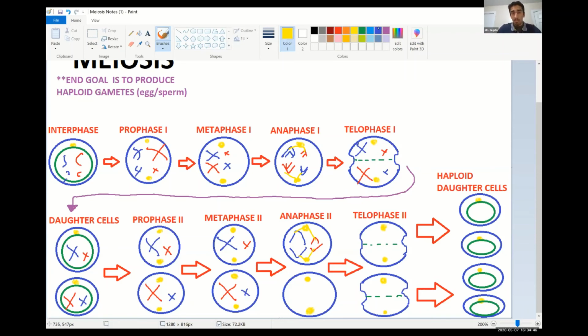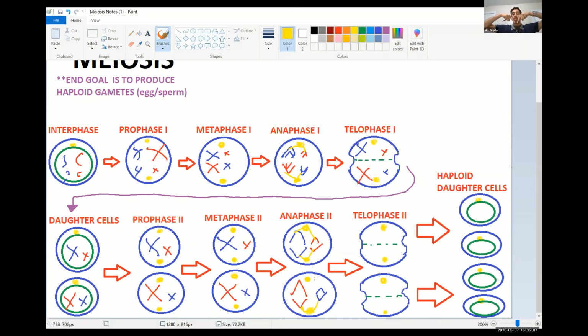And on the bottom cell, we have the small blue chromosome also being pulled apart and the big red chromosome also being pulled apart. Once again, I draw it in a V shape because the centriole attaches to the middle of the chromosome. So just imagine pulling a string from the middle.